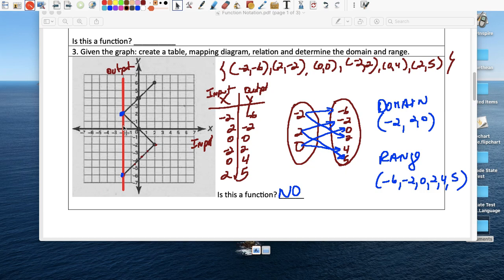And as I move this line through this function, notice that the red line has this point and this point touching the line. So at any given point in time, if it's a function, you can only have 1 point touching the line, not 2, 3, 4.